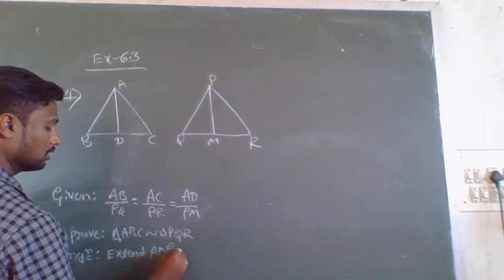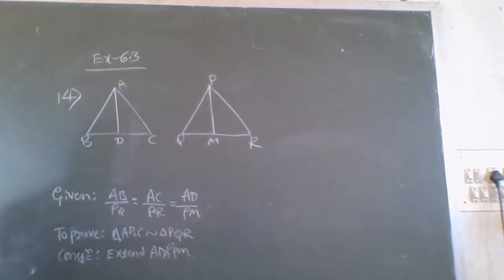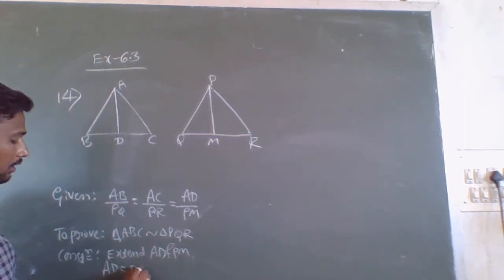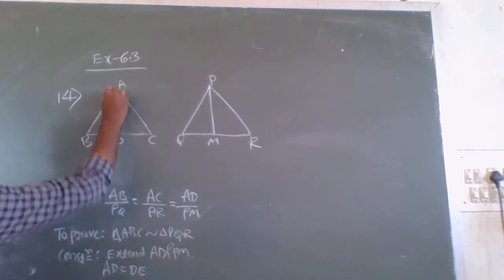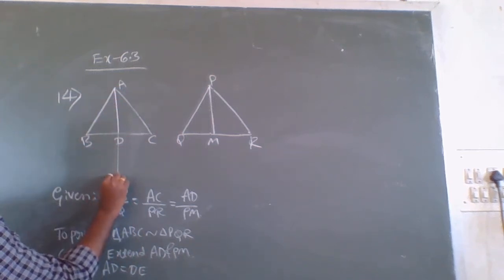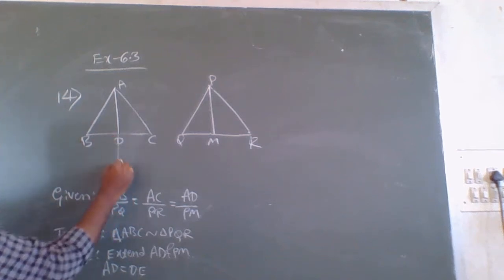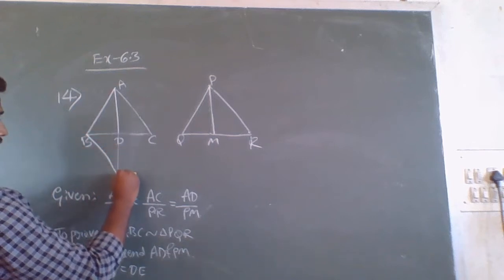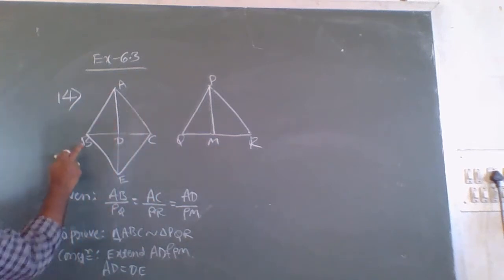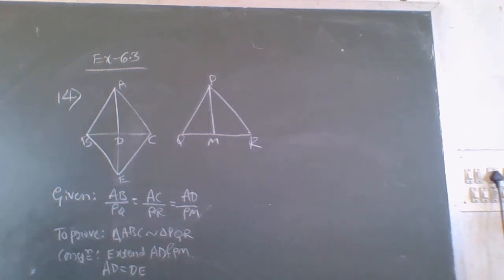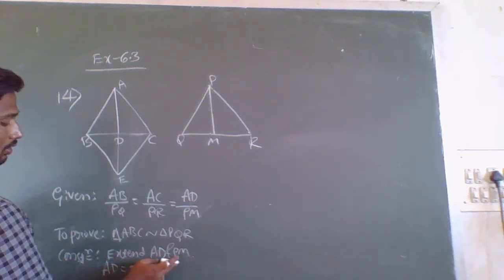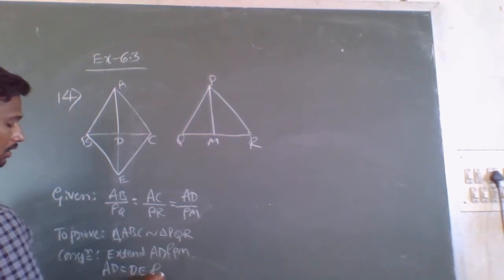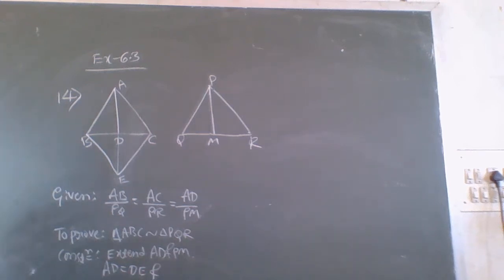Extend these two medians AD and PM such that AD is equal to DE, that is, this AD should be equal to DE up to point E. Now I will join B and C. In the same way I will extend PM, and PM is equal to ML.